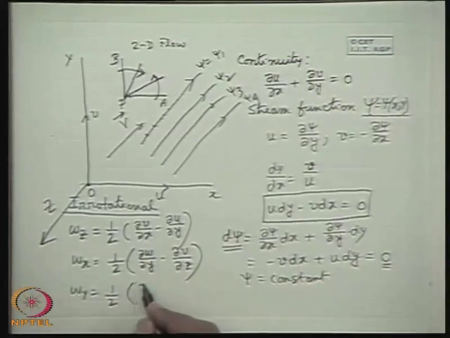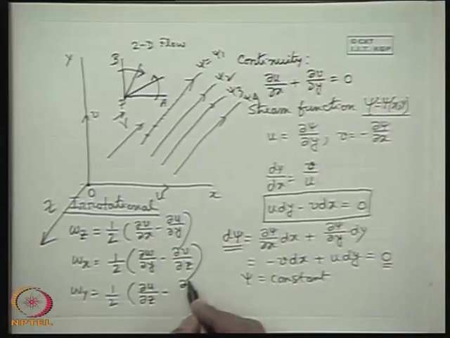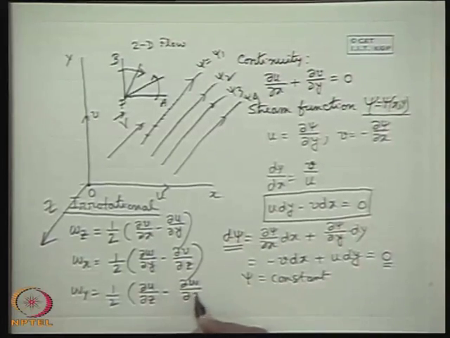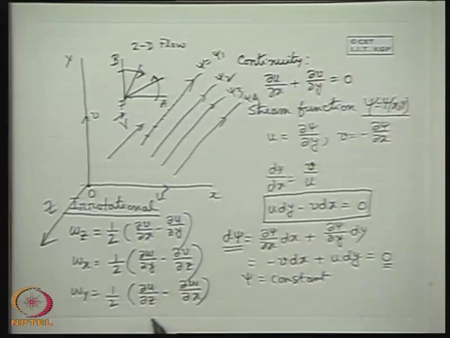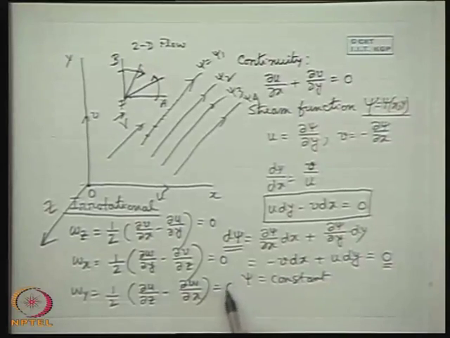Similarly, with respect to y, it will be del u del z minus del w del x. So there are three rotational components, and for an irrotational flow all these three components become independently 0.